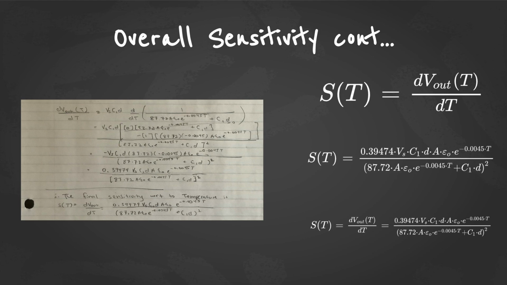Our middle equation on the right is equal to 0.39474 times our voltage source times our C1, which is our known capacitance, times D, which is the distance between the plates, times A, which is the area of the plates, times epsilon naught, which is a constant, times e to the power of negative 0.0045 times temperature, all over 87.72 times A times epsilon naught times e to the power of negative 0.0045 times temperature plus C1 times D, and the denominator is all squared.